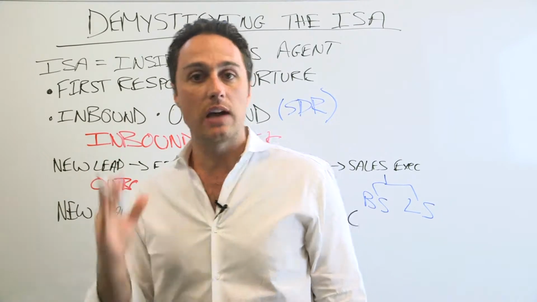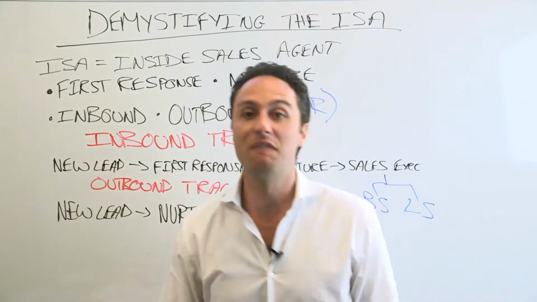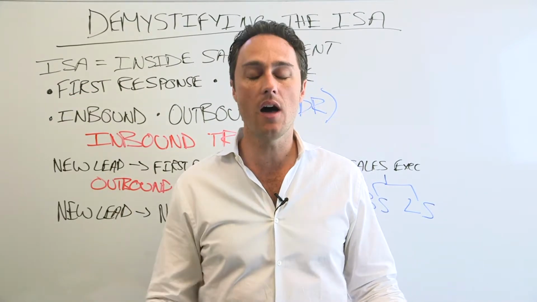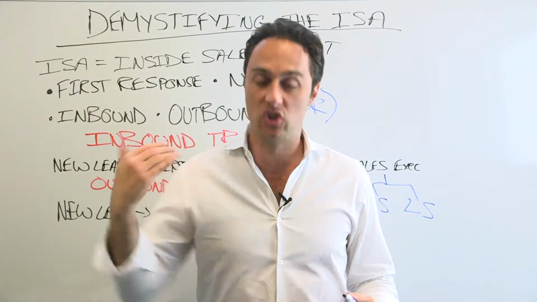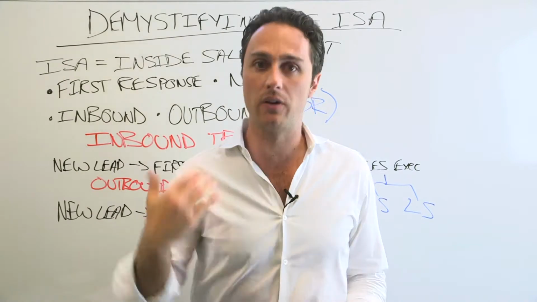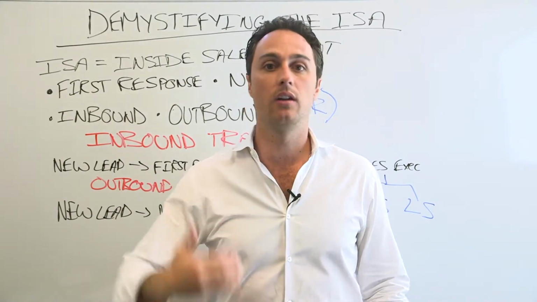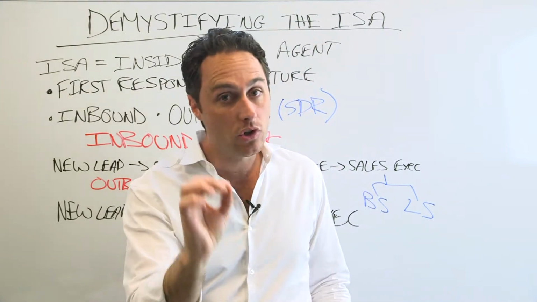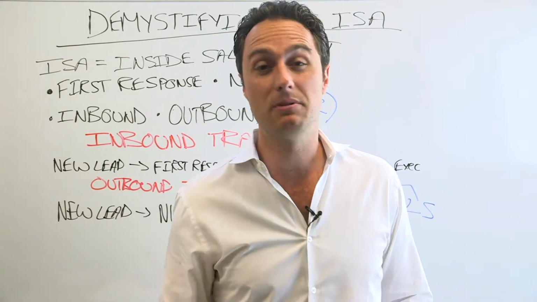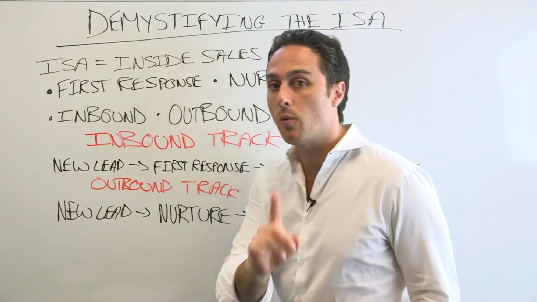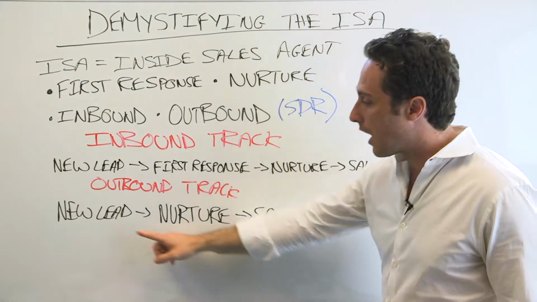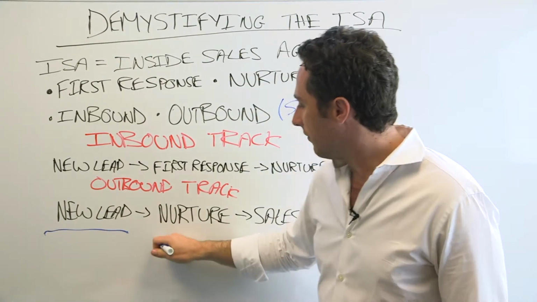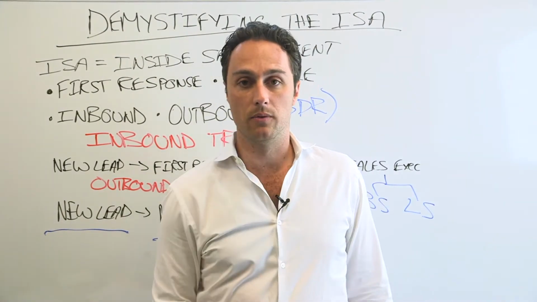But outbound, when you're talking about someone waking up every day, getting on the phone and hitting the phones, that's a tough job, right? I mean, that's rejection. You need someone that's very aggressive. Hard charging, aggressive, can connect and build authority immediately. That person may not always be, and typically won't, frankly, be the person that can also do a phenomenal job of nurturing. So in the outbound track, this person and this person, two very different people.